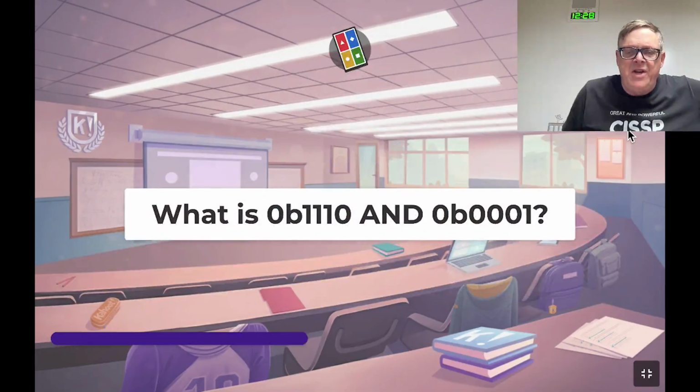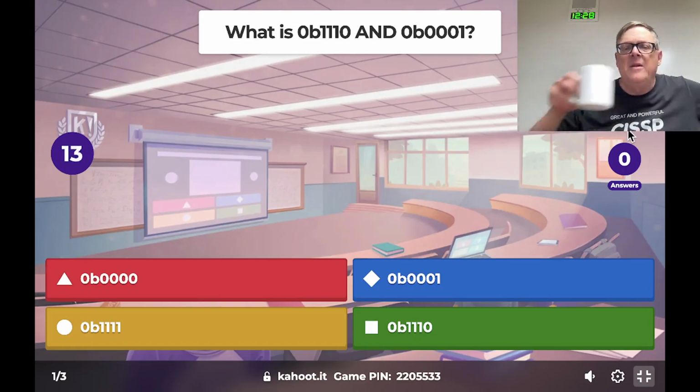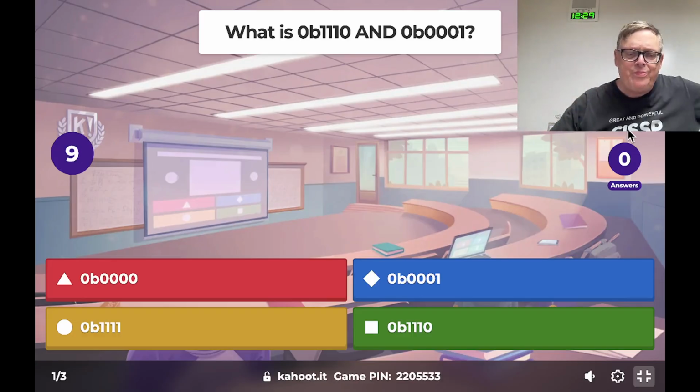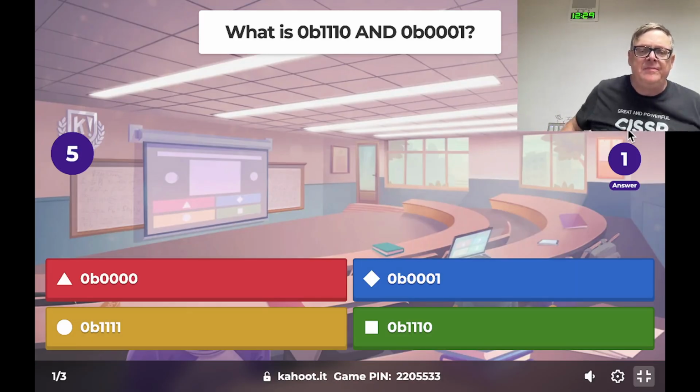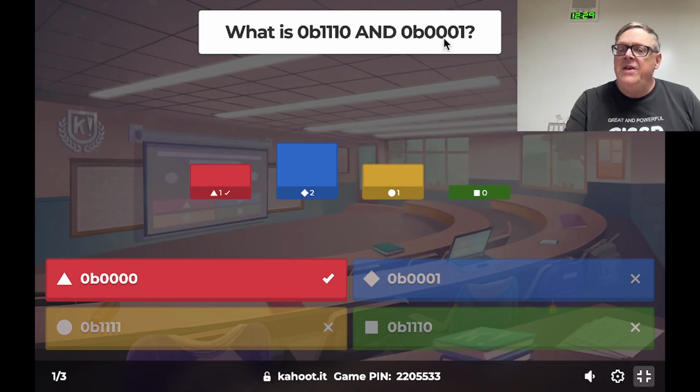All right, so what do you get when you AND those two numbers? You'll get 0, because the first 3 bits here are all 1, and these are 0, and you only get a 1 if they're both 1.